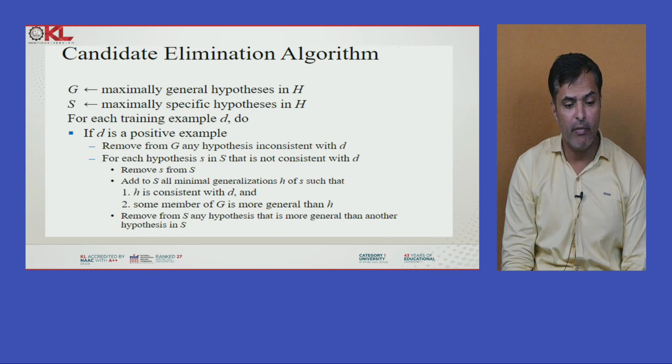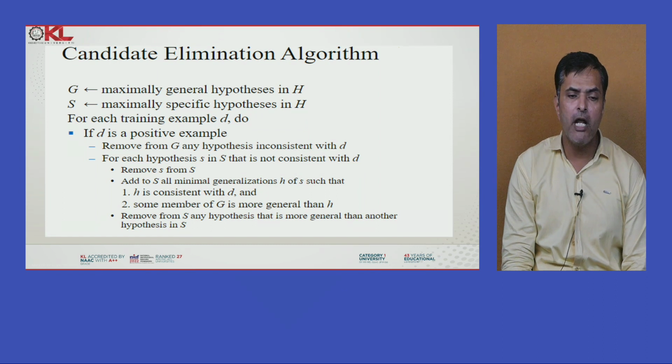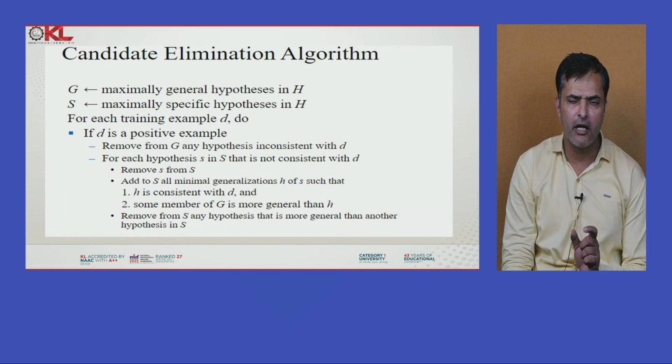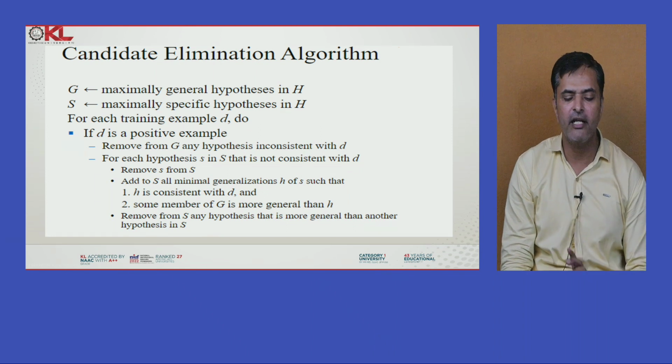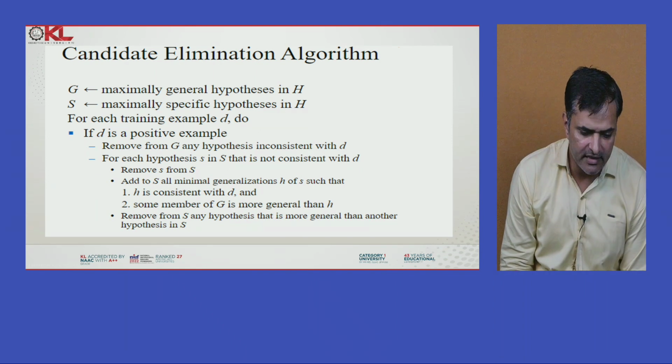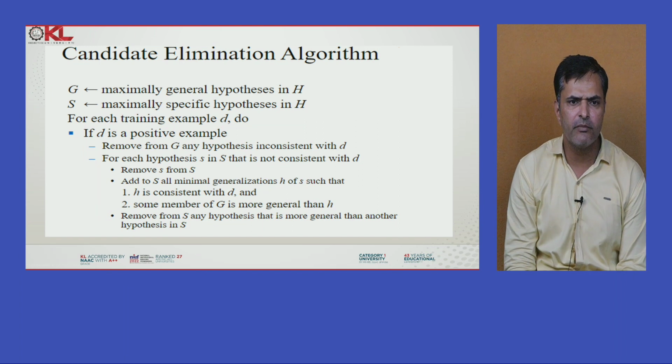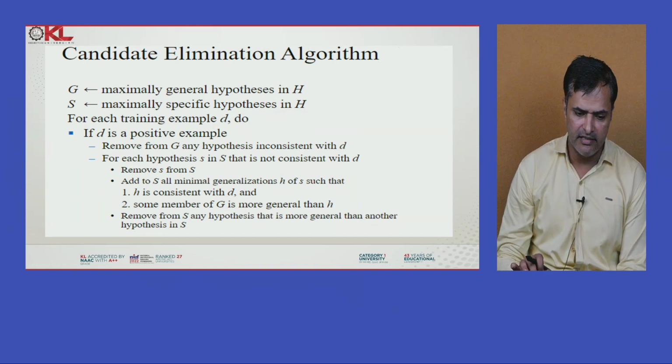But in the candidate elimination algorithm, negative values are considered, and the positive examples are used and the rest are eliminated. The rest is the same as in Find-S.